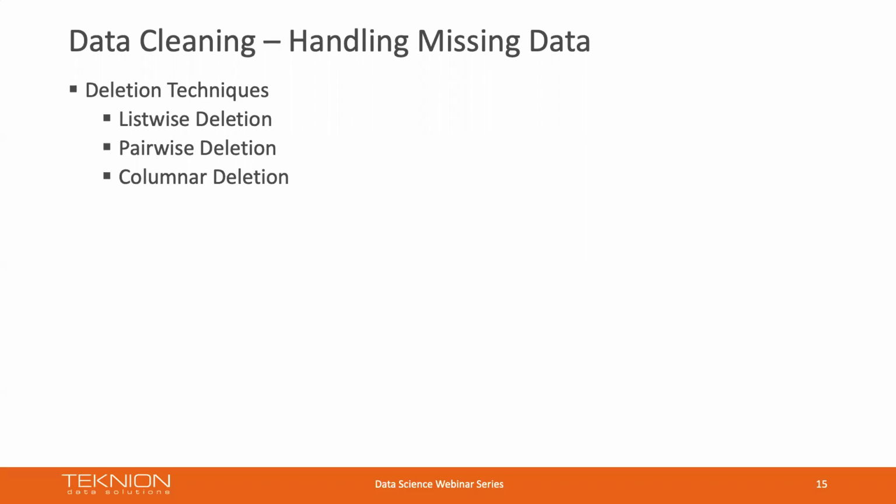We can do pairwise deletion, meaning that a person's observation is removed from the analysis only when it's used in conjunction with another variable. So let's suppose we're looking at ethnicity and gender, and then salaries. Then let's suppose we're missing the gender for one person.